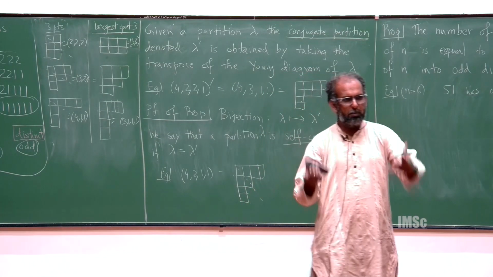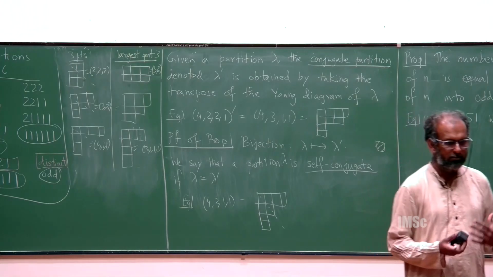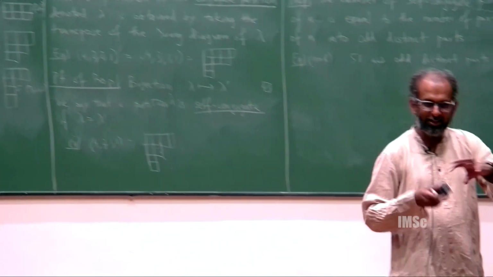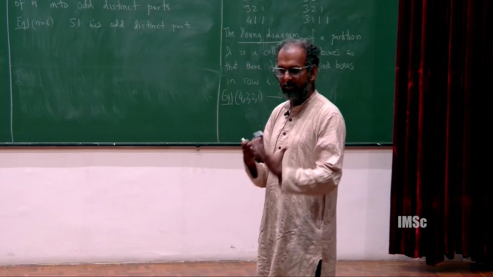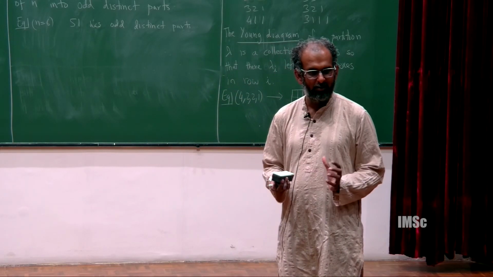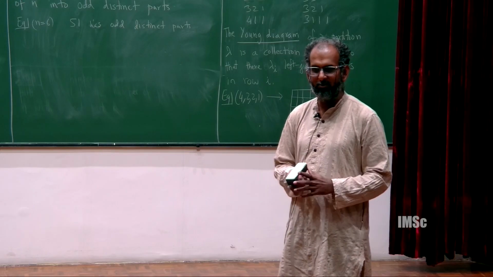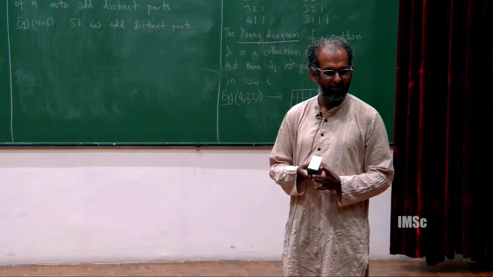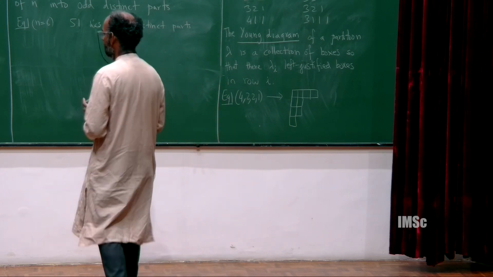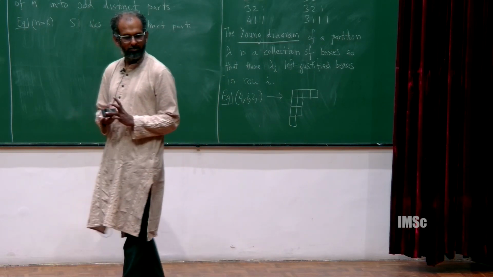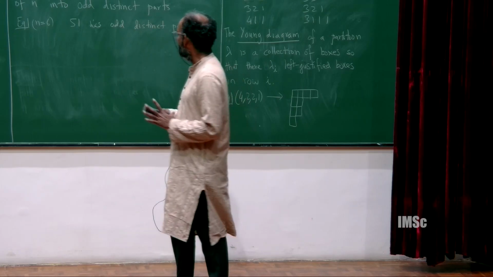No, do something more pictorial. Do some operation on the Young diagram. That's why I'm saying think geometrically. Manipulate the Young diagram in some way. Okay, maybe not so easy.